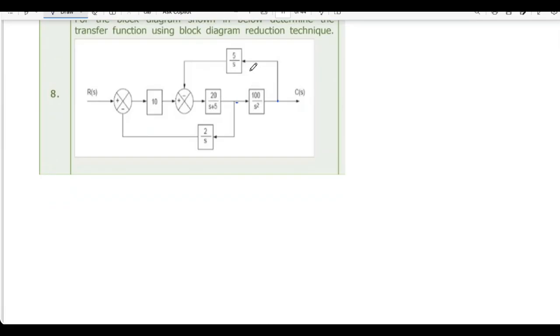So the diagram will be R(s), you will have plus here, minus here.